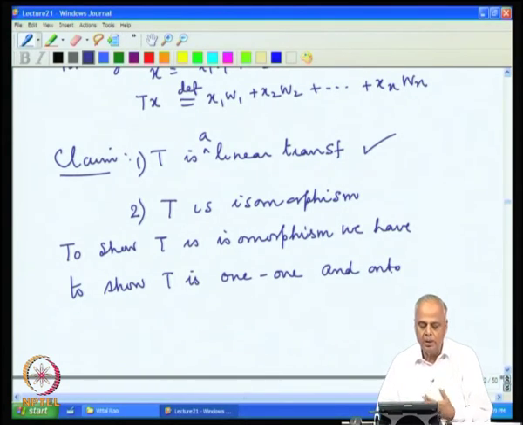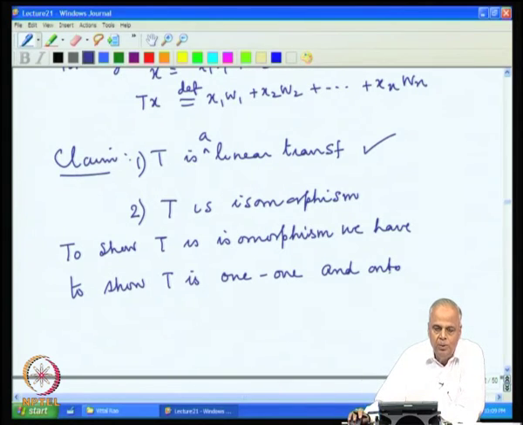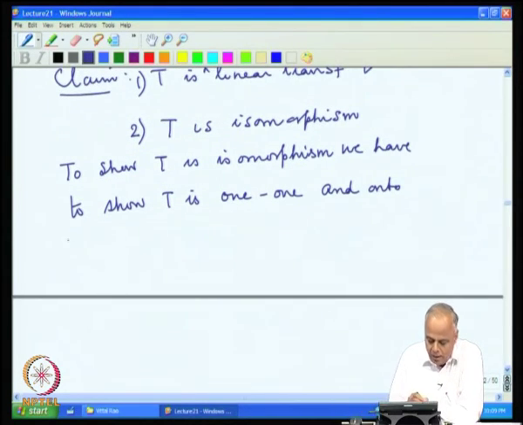And we have observed earlier that when dimension of V is equal to dimension of W, if you check onto, it automatically forces 1 1. If it is 1 1, it automatically forces onto, and therefore, it is enough to check one of them.